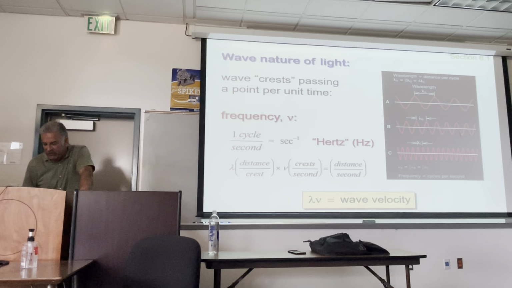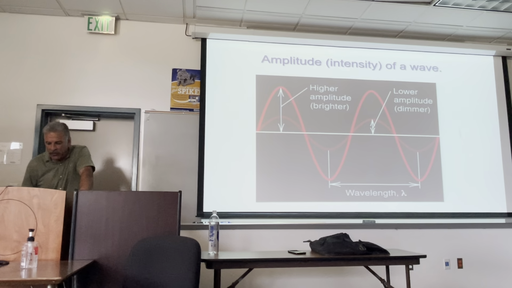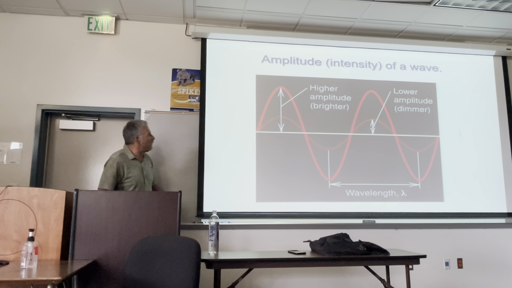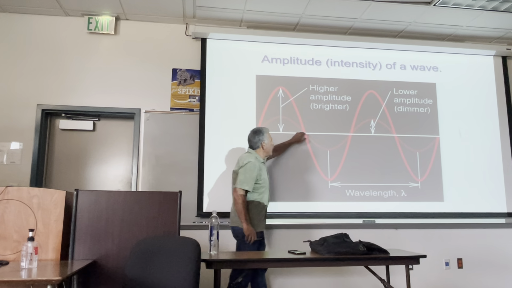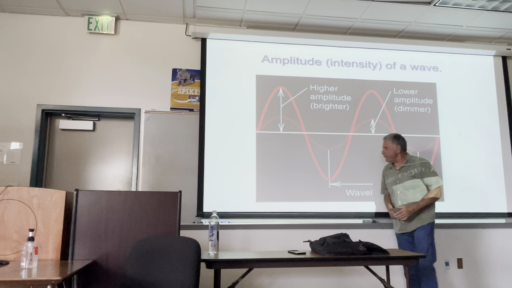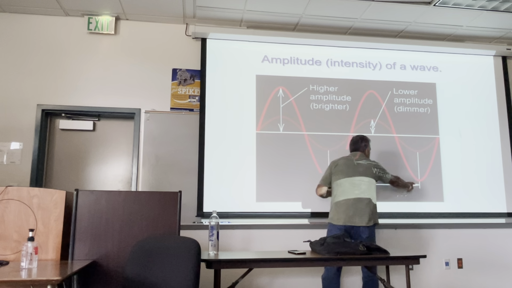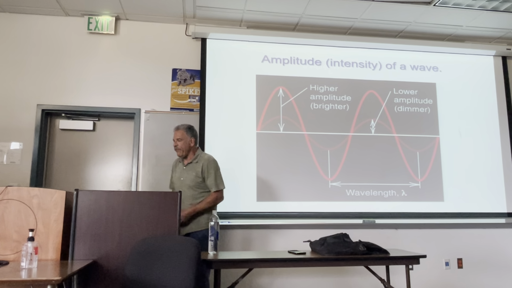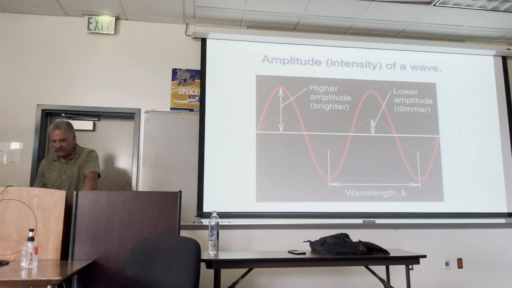Okay, that's not a big deal. Amplitude is how high it is, right? How high above this central plane the wave goes. The wavelength is the distance between the two peaks as it travels past a certain point.